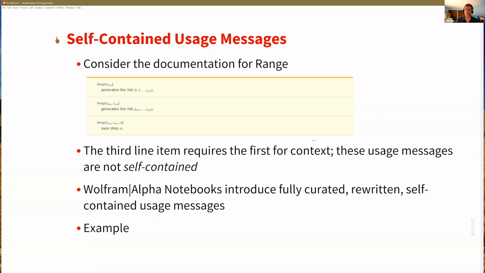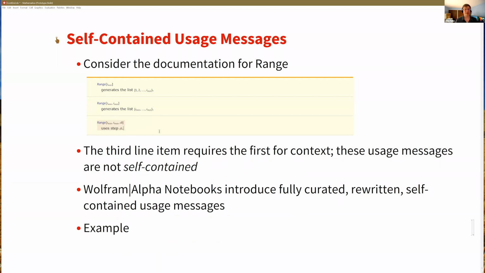So we've started doing something about this, and this is a feature that's seeing the light of day in Wolfram Alpha Notebook Edition. The idea here is that this isn't something that we could do automatically. We really have to do it by hand. We have to go through and look at the usage messages and say, this one doesn't make sense by itself.